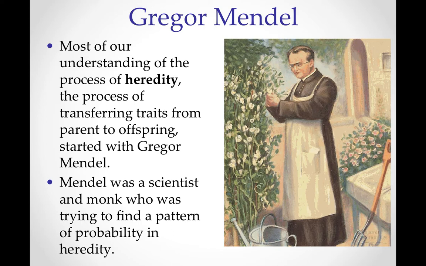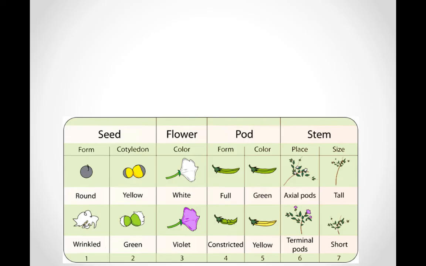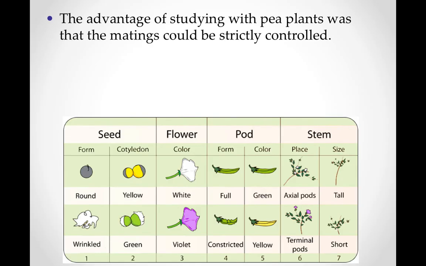Mendel was a scientist and a monk who was trying to find a pattern of probability in heredity. If you remember from your algebra classes when you dealt with probabilities, we're going to be touching on some of those in this section. Just remember, probability is the part of the whole, and that will get you quite a ways. The advantage of studying the pea plants that he used was that he could control the matings.